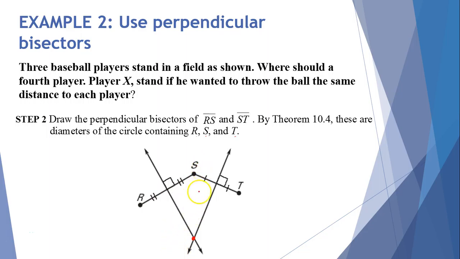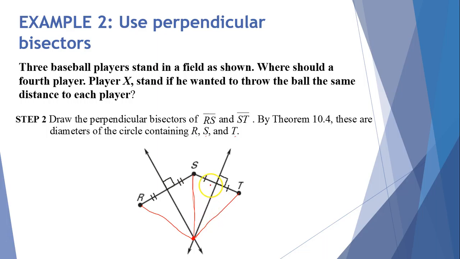And what we would see is from this point to S, that is the same distance as this point to T and R. All 3 of these are the same distance apart. So that's what we just found.